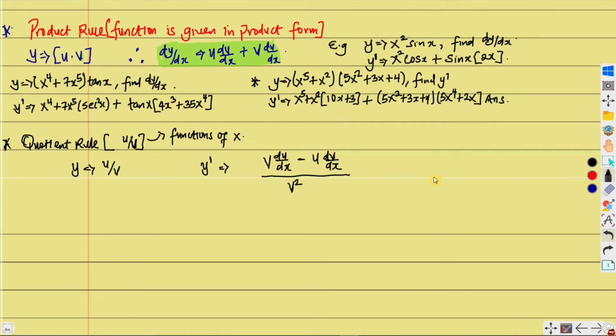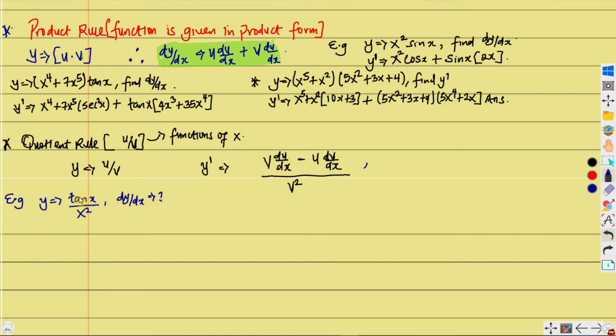Now, examples to carefully understand the concept very well. The first one I will discuss here is a simple question: y equals tan x divided by x squared. We have to find dy/dx.